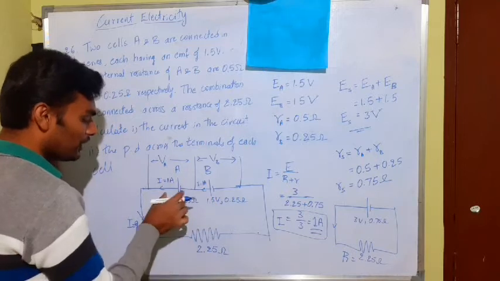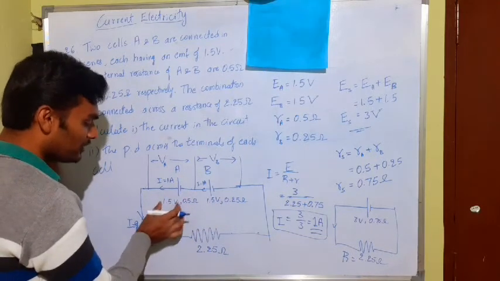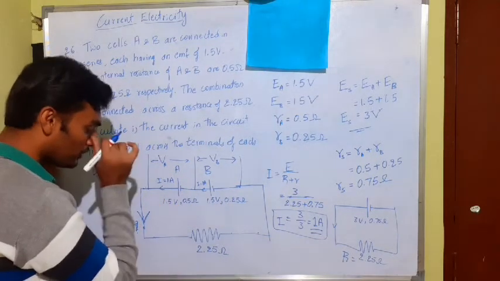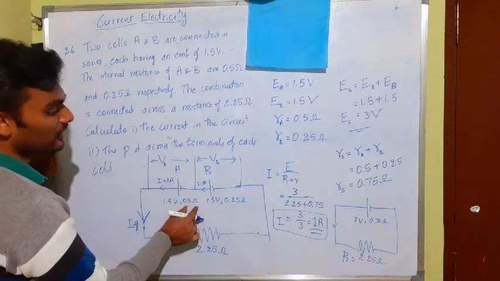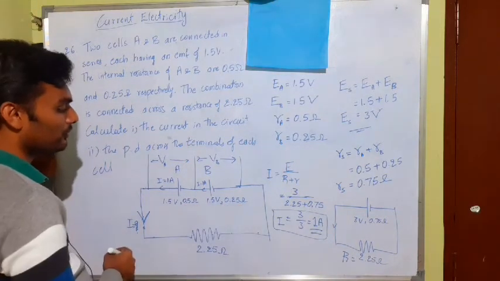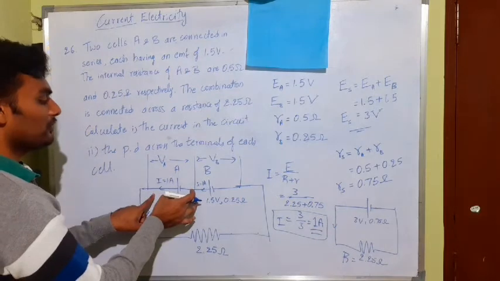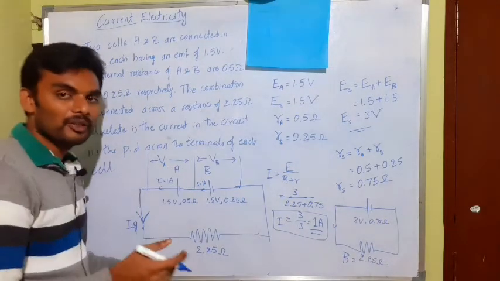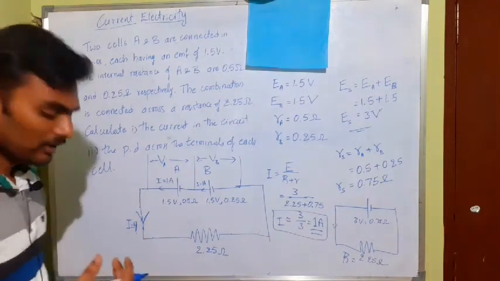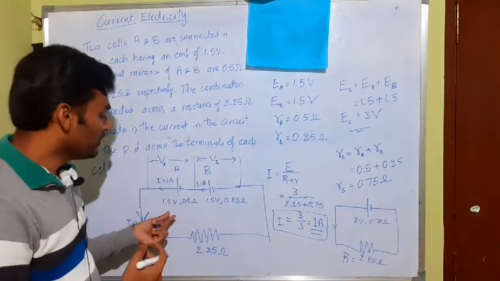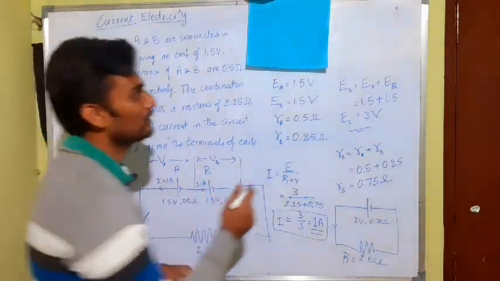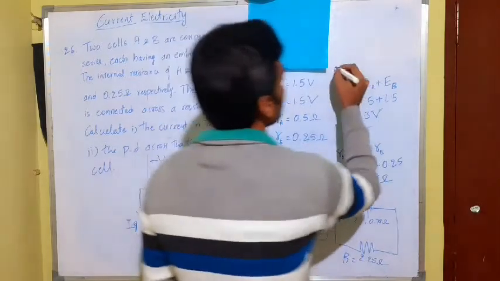We also have the EMF of each of them, 1.5 volt, 1.5 volt, and the internal resistances, 0.5 ohm and 0.25 ohm. What we need is the relation between TPD, EMF and current. You remember the formula? Simple one.